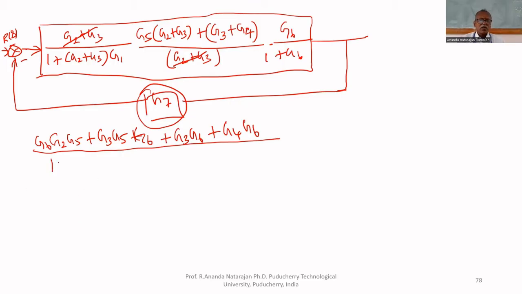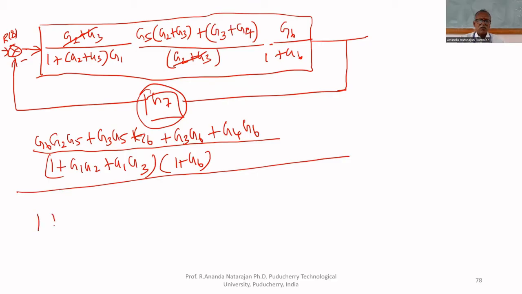Then in the denominator, what you will have? 1 plus G1, G2 plus G1, G3, multiplied by 1 plus G6. So I am applying the 7th rule. That's why 1 plus, negative feedback. Here negative feedback, that's why 1 plus.